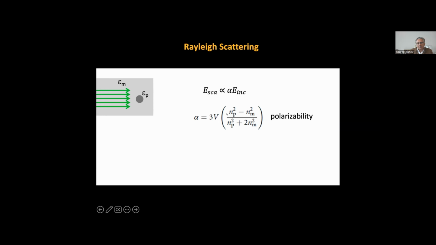So what we have here are the indices of refraction of the particle and the index of refraction of the medium. But what's more important is this parameter, volume, in the polarizability.